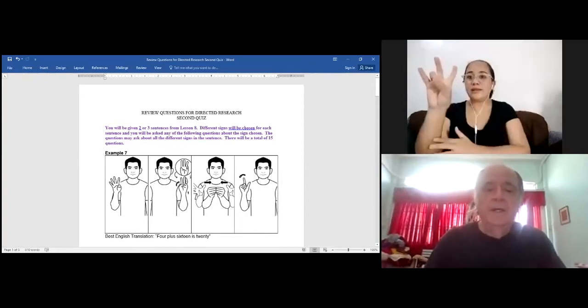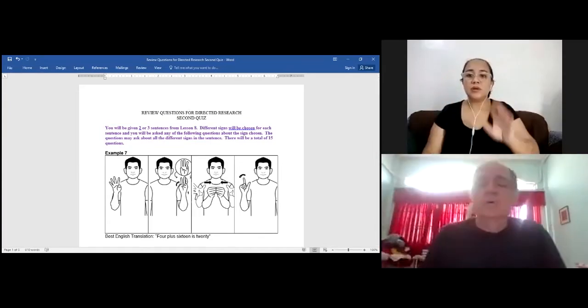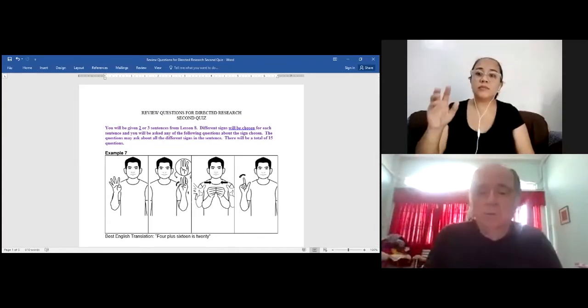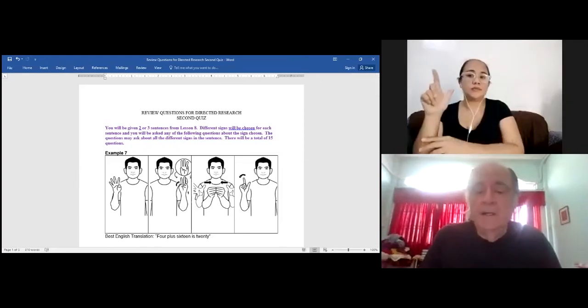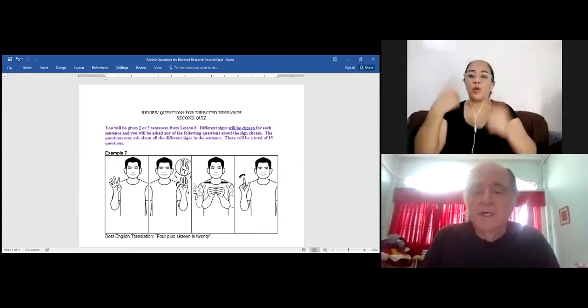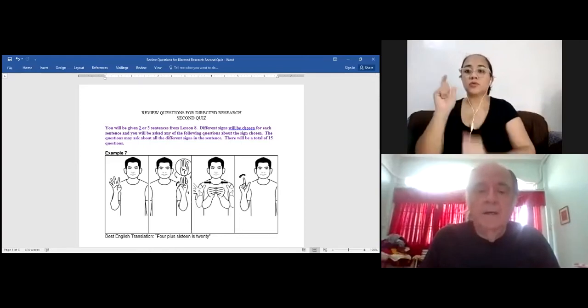And the example is 4 plus 16 equals 20. Okay, and the signs are 4, 16 together, 20.